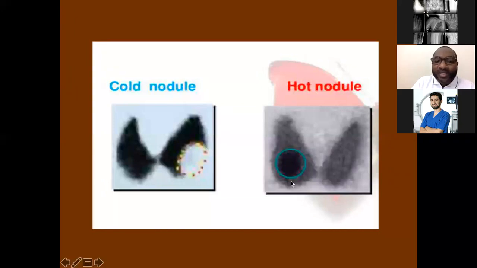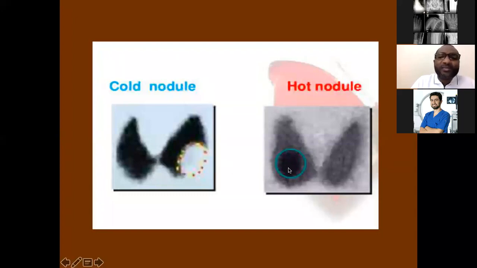A hot lesion, on the other hand, is an area with increased uptake. That means that area of follicular cells is hyperplastic, and it's usually an adenoma. So if you see a hot area, it means that area has increased follicular activity. If it's absent uptake and it appears cold, it means that there is absent follicular tissue.